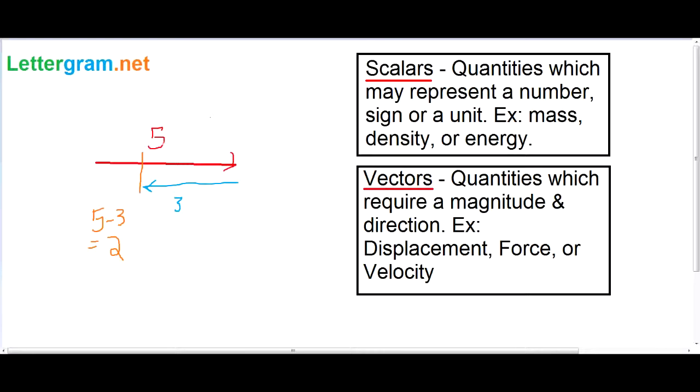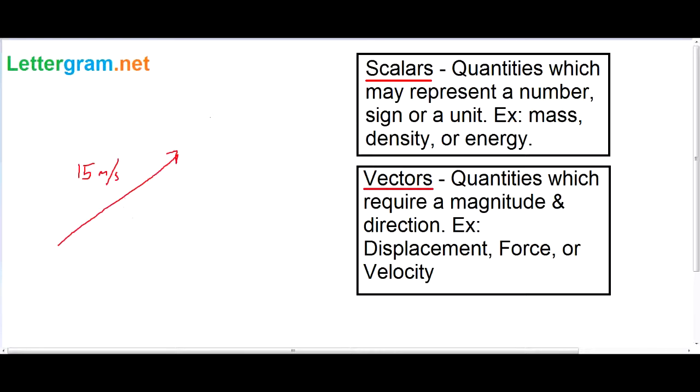Here's another explanation of it. Say we were moving 15 meters per second this direction. And then we decide to add another vector to this, which is moving 10 meters per second parallel to it.